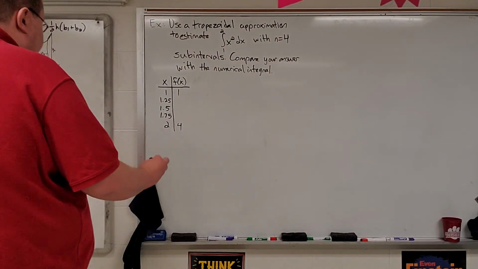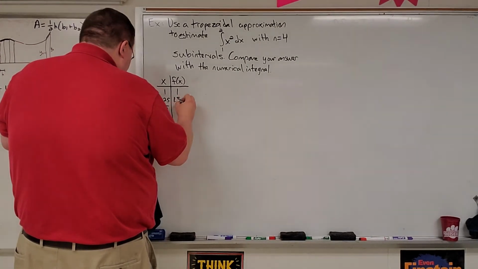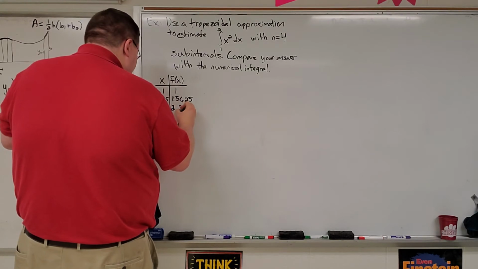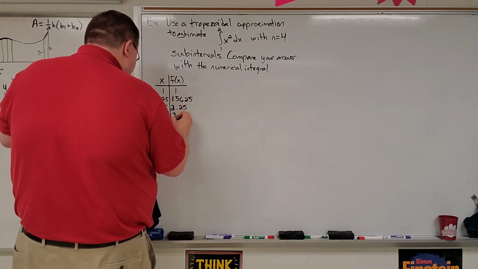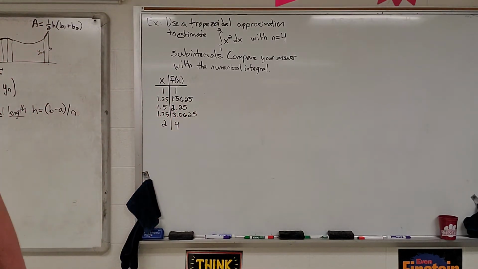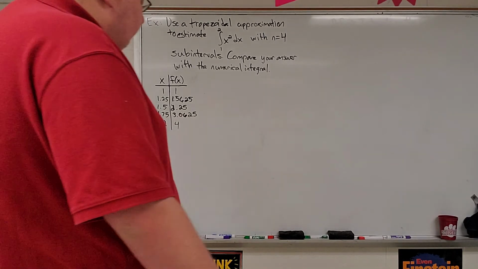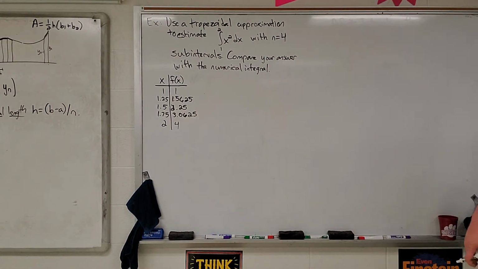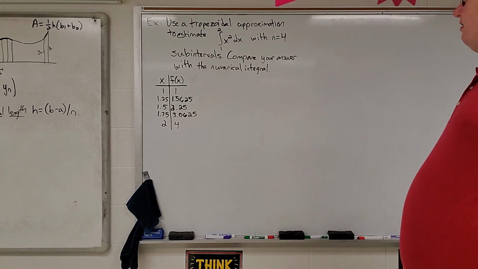And I get 1.5625, 2.25, 3.0625, and 4. We already have 1 and 4 on there. I'm going to use every decimal point the calculator gives me because I want to be as exact as possible here.